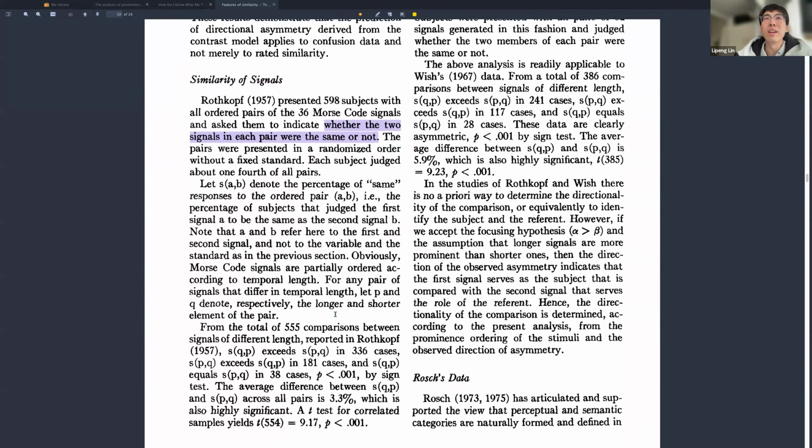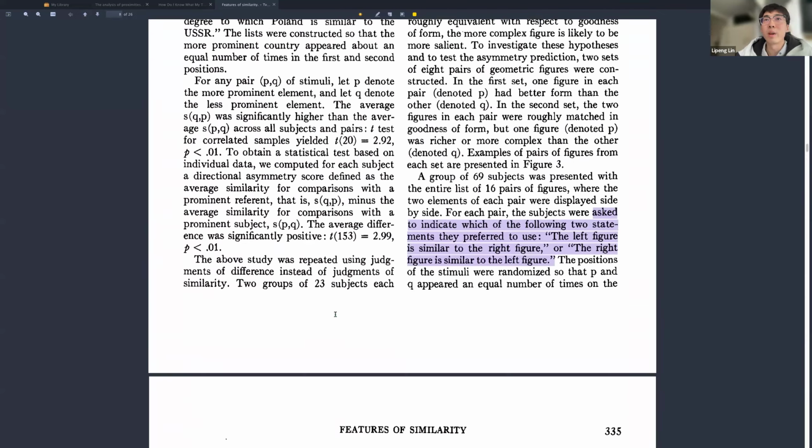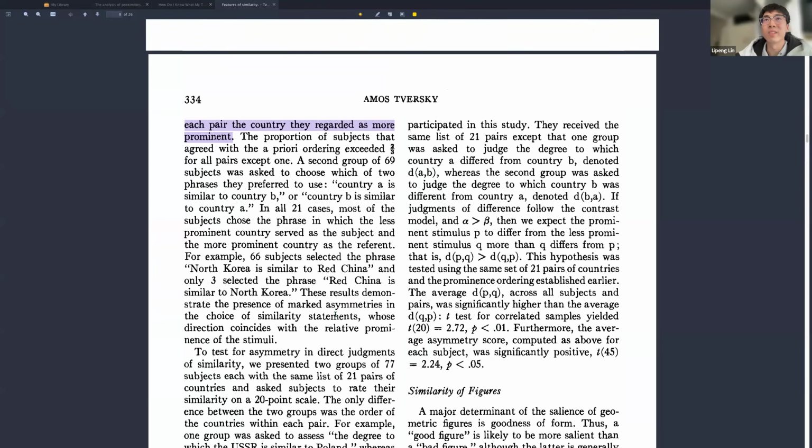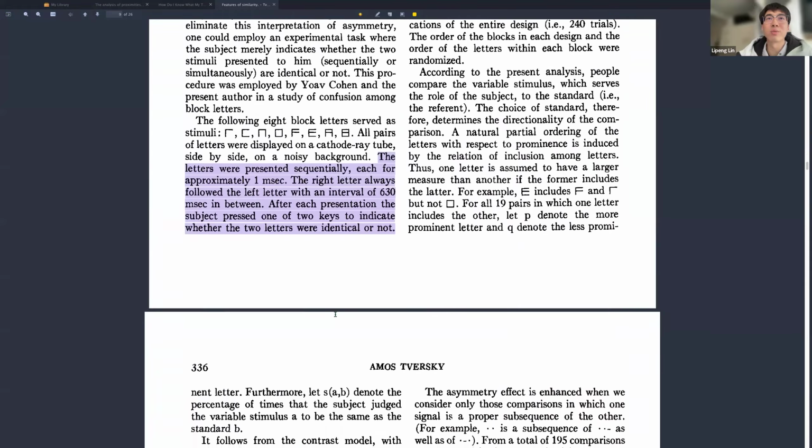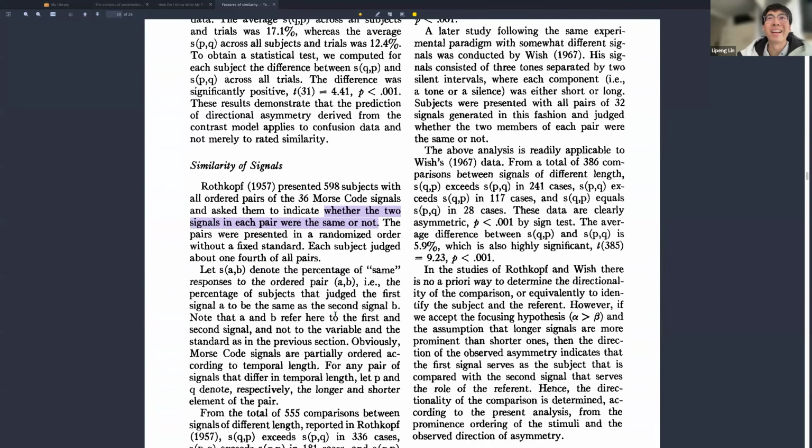So to me, these four types of experiments use different instructions, and I am a little worried about the effect of this kind of instruction.